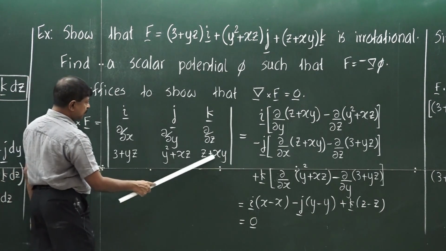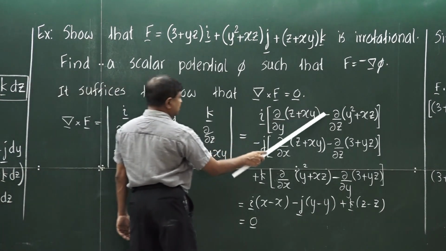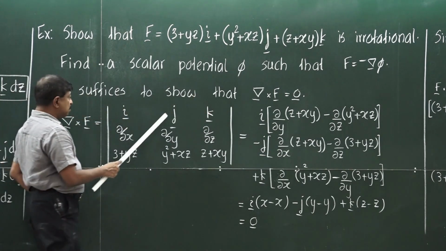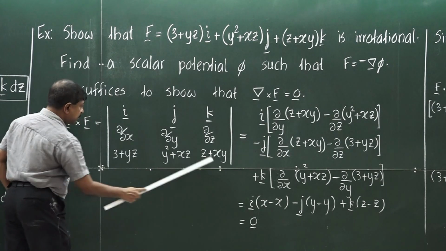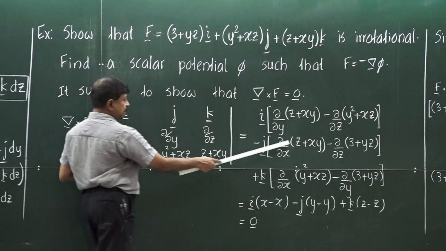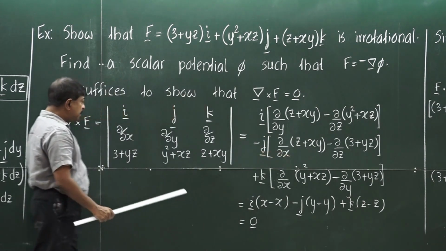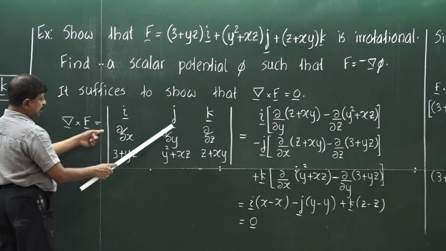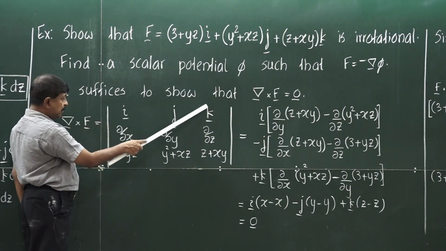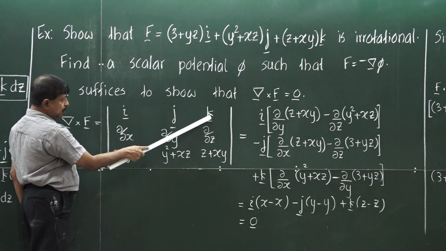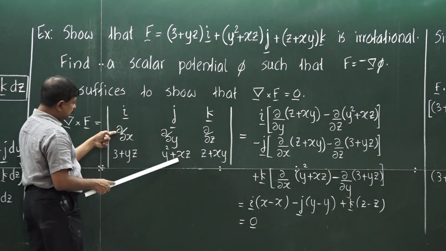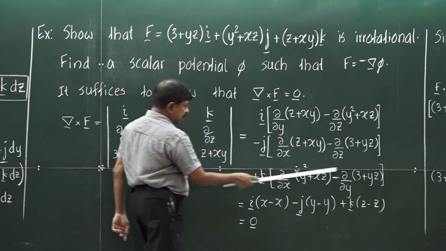So, i times this cofactor, the operator should come first in the product, then minus j times these two minus these two. Here the operator should come first. Finally, k times this cofactor of this determinant, what you get after deleting the column and the row consisting of k. So, you have this product minus this one.